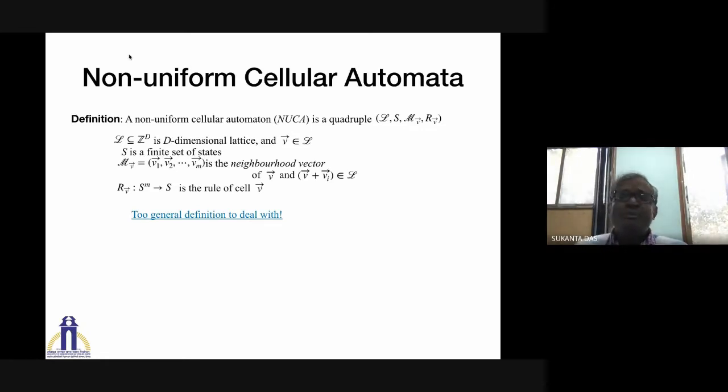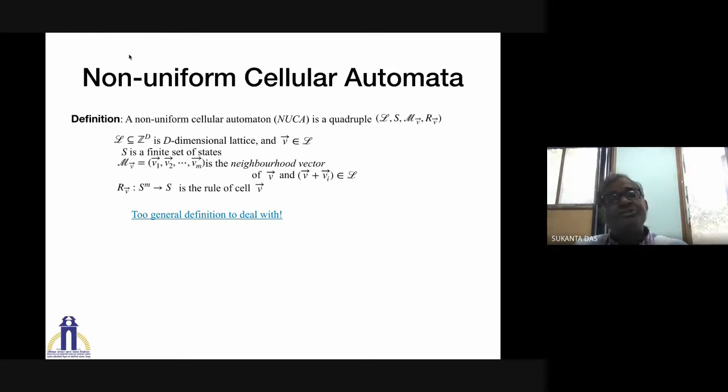The group of Enrico and his colleagues defined it in this way, and it's the most general one. Almost all works that deal with non-uniform cellular automata do not work with this definition.